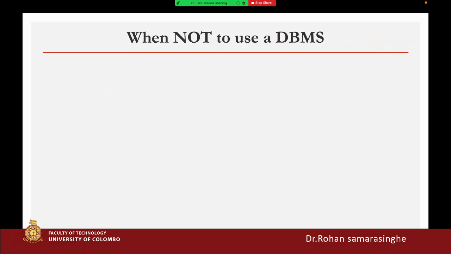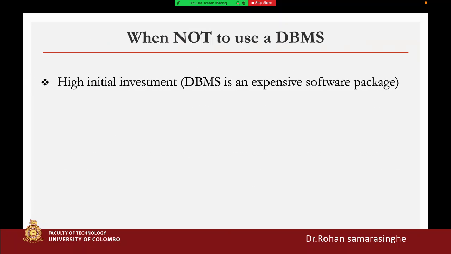When not to use databases? One is the high initial investment. A DBMS is an expensive software package. Also, the application uses a small amount of data.